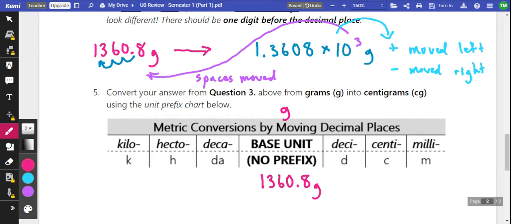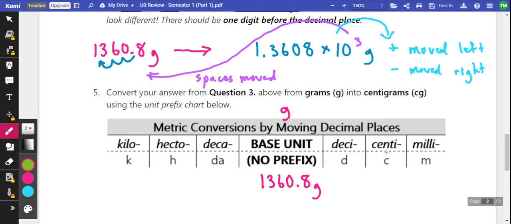Okay. If I wanted to change this into centigrams, then I would be moving my decimal place. Let's use a different color. We haven't used green yet. I move my decimal place the same way I would move on this chart. We have the prefixes kilo, hecto, deca, our base unit, so just regular grams or regular liters, no prefix, deci, centi, and milli. And these get tagged on the front of one of our base units, like kilograms or milligrams.